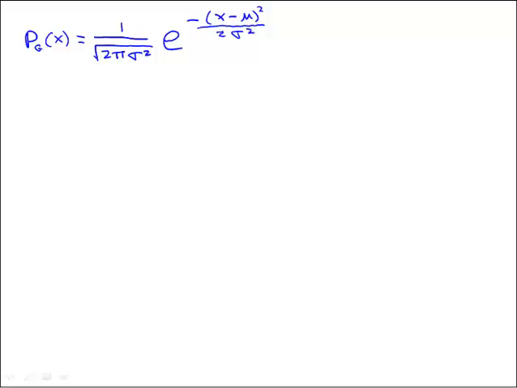Let's analyze this just a little bit. P of x is a function of x, and what are its two parameters? Well, e, that's a constant. 2, that's a constant. Pi, that's a constant. So its parameters are mu and sigma.